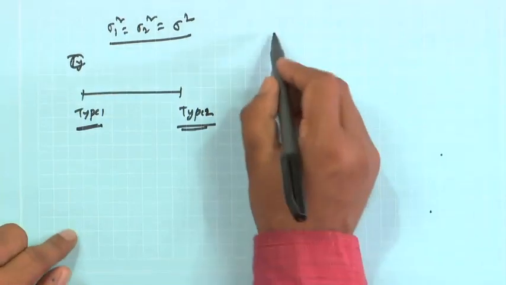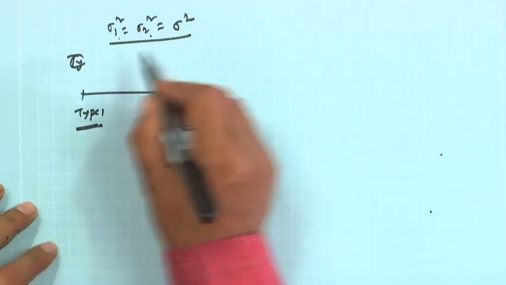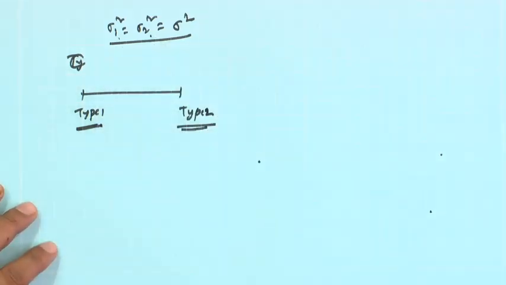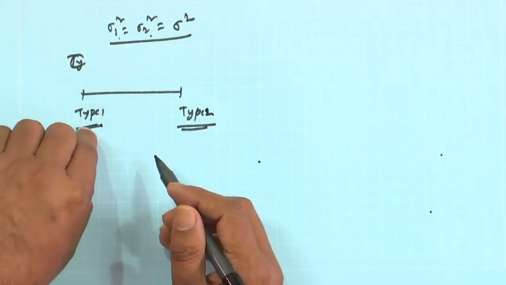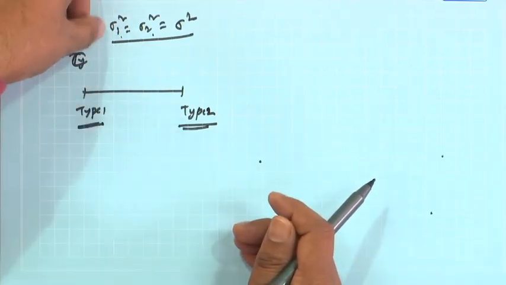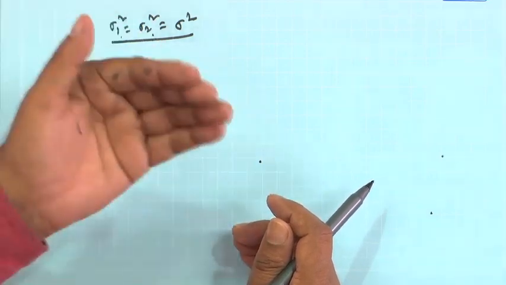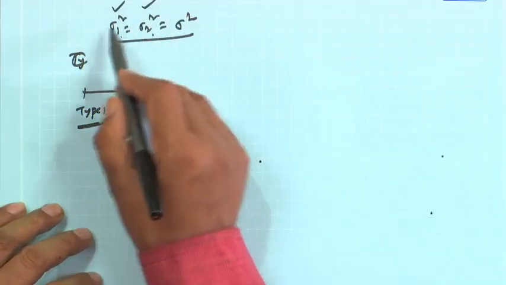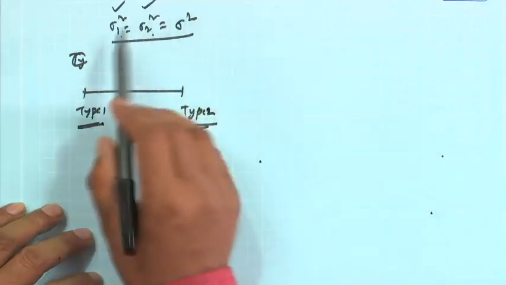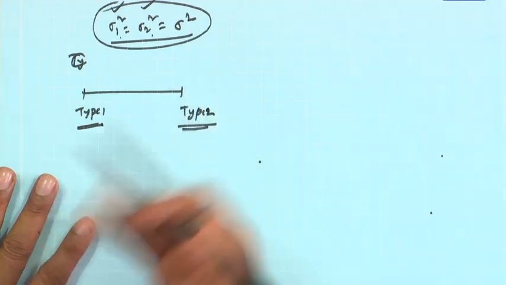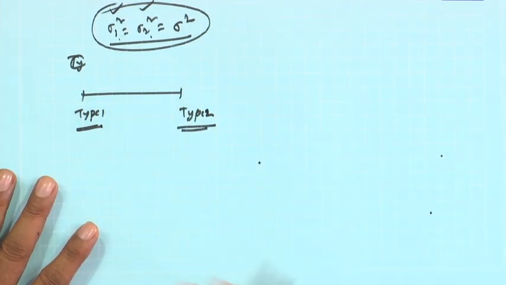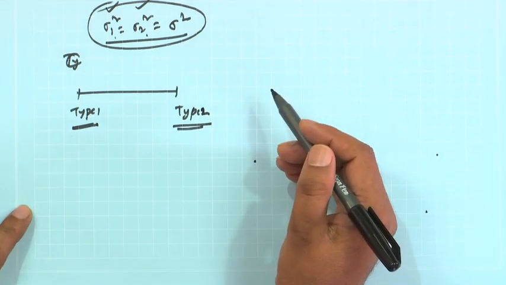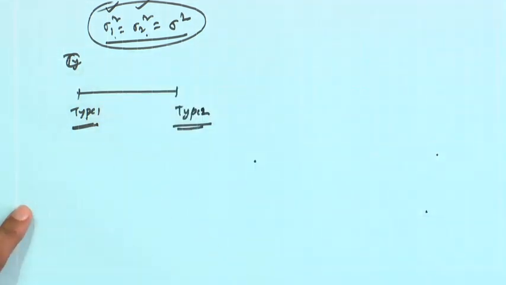Then things become a little better, because when you calculate the population variance for the mean from filter 1 or filter 2, you take the data points and the difference between them. For the time being, think that this is equal to sigma square. The other concept I will tell you later, because it requires something more. So, under such a situation, what will we do?